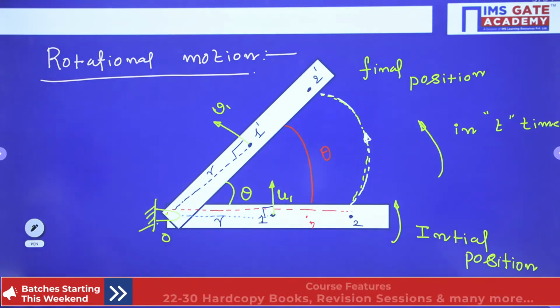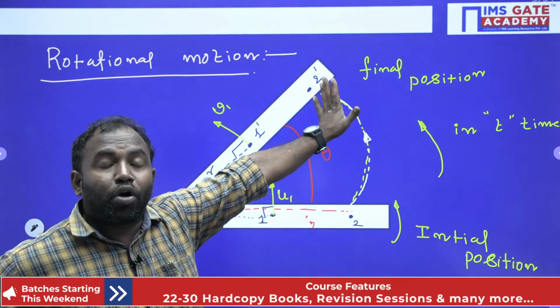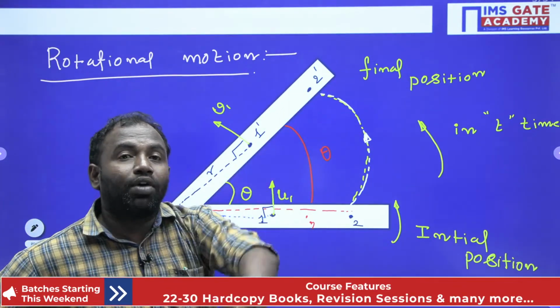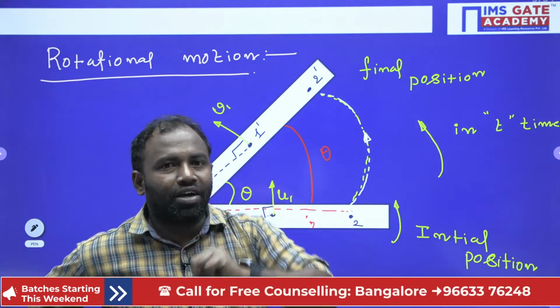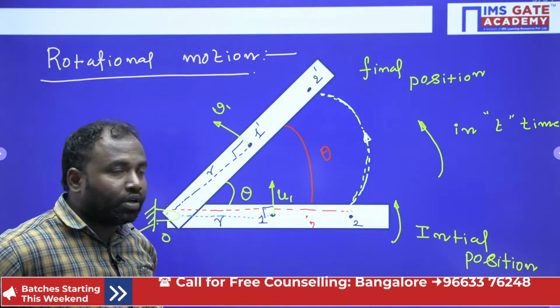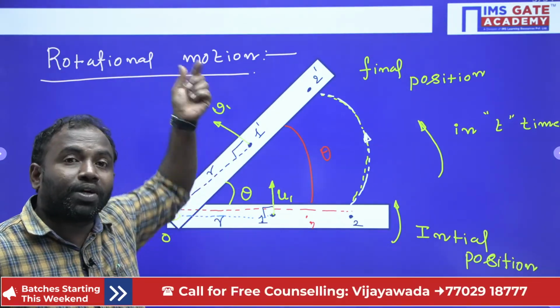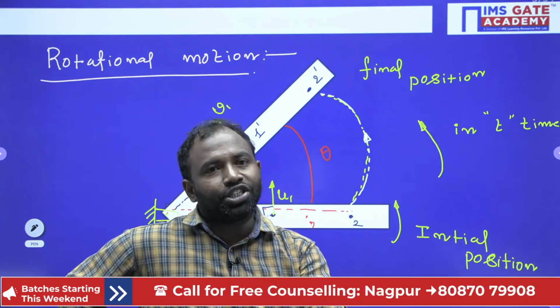Now in this case, when the body is in pure rotation, we have two components of linear acceleration. One component changes the magnitude, another component causes the change in direction of velocity. That is my intention to tell you.